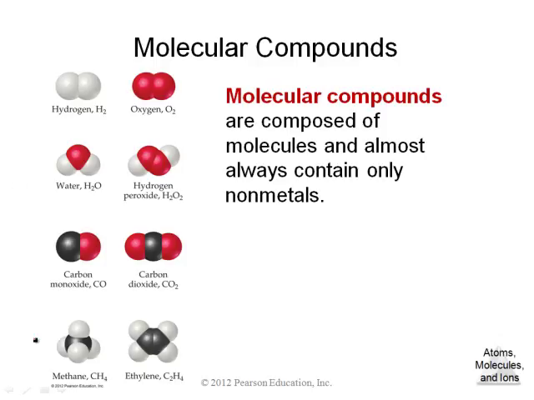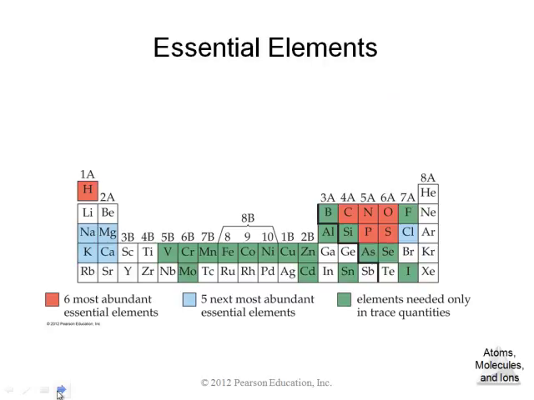Now, if you look into human life, our human body is made up of a lot of these elements, and this shows just the 6 most abundant and essential elements: carbon, nitrogen, oxygen, phosphorus, sulfur and hydrogen. Our body mostly is made of carbohydrates.